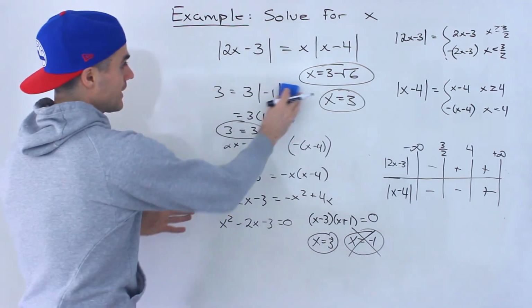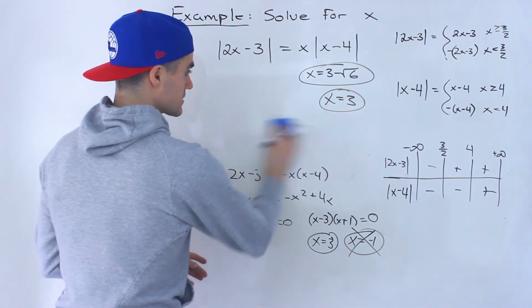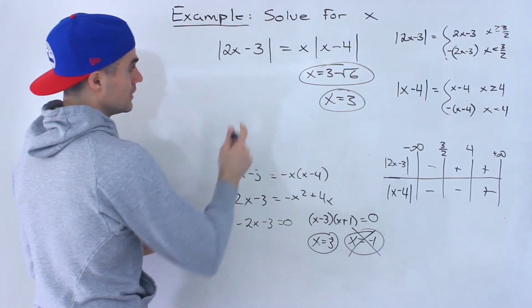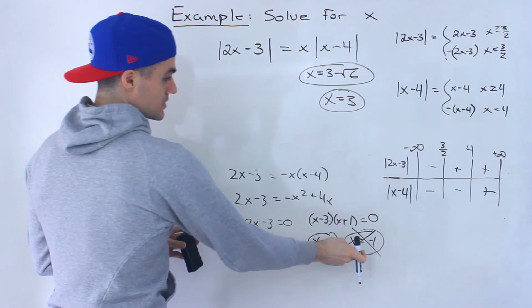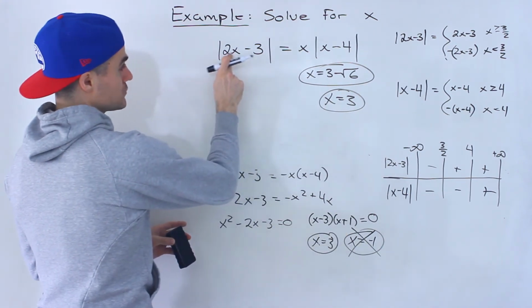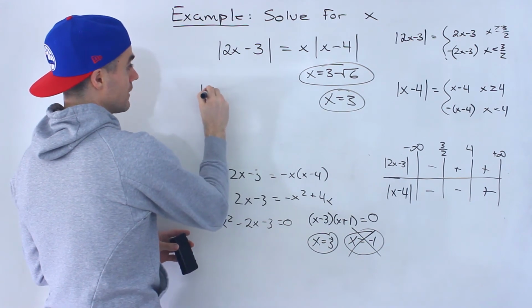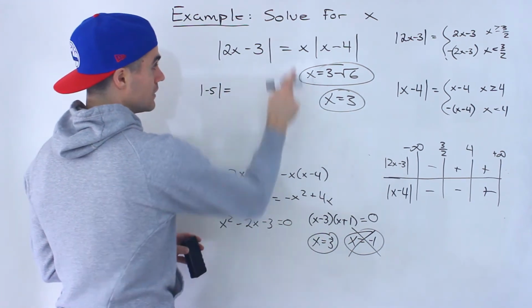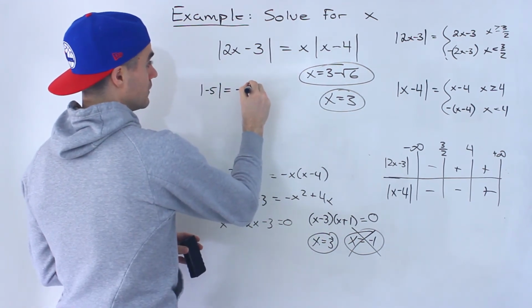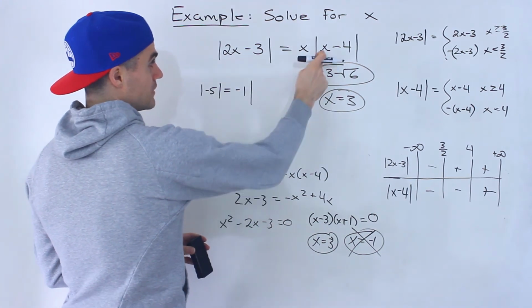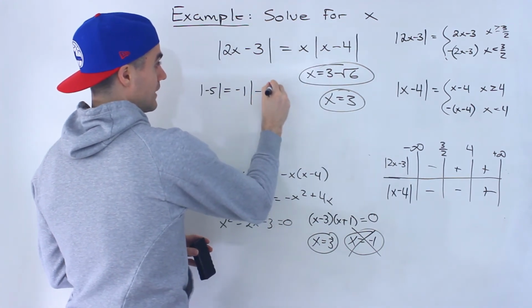And then notice that negative 1, this is a good example to show actually, because it's fairly easy to plug in. So negative 1, if we plug it in, notice we'll have 2 times negative 1, which is negative 2, minus 3. So we'll have absolute value of negative 5 on the left. And on the right, we'll have negative 1 times the absolute value of negative 1 minus 4, which is absolute value negative 5.